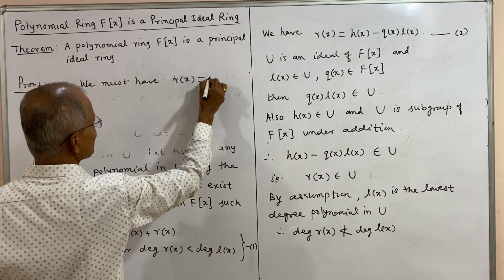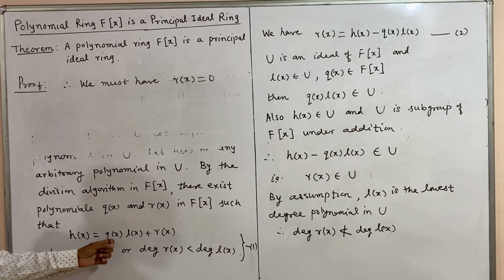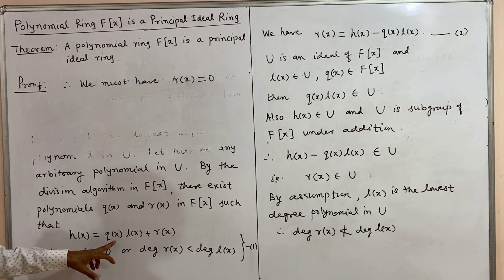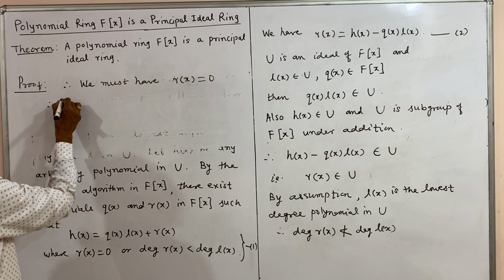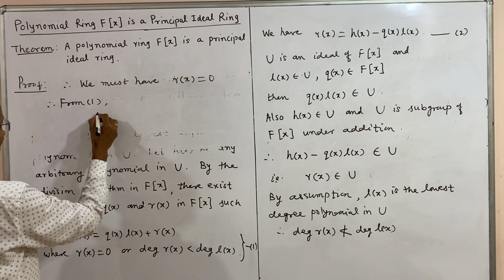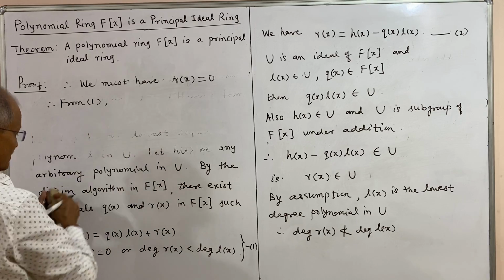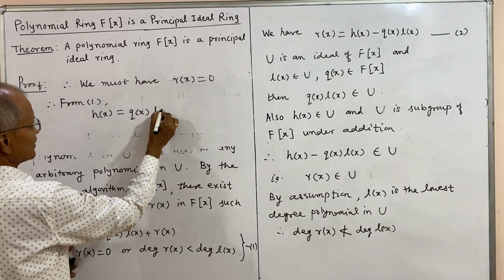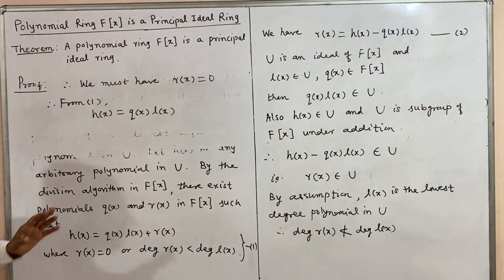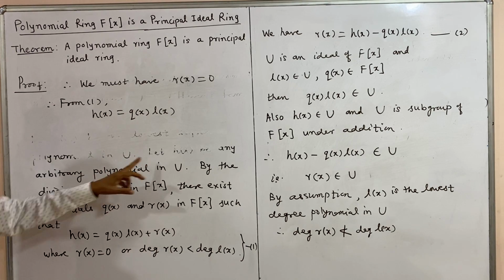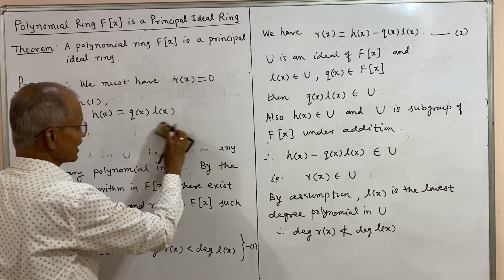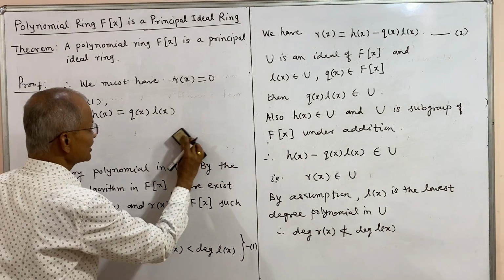R of x is equal to 0, and we put this in 1. Here all the statement is together 1, and thus the expression for h of x becomes q of x into L of x. Therefore from 1, h of x is equal to q of x into L of x. And what this shows is that h of x is any arbitrary polynomial in U and it is a multiple of L of x.